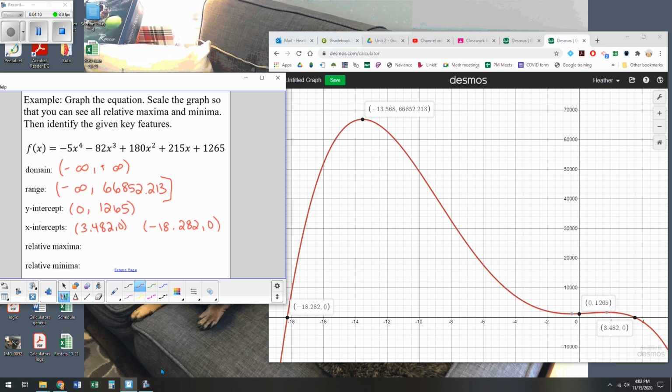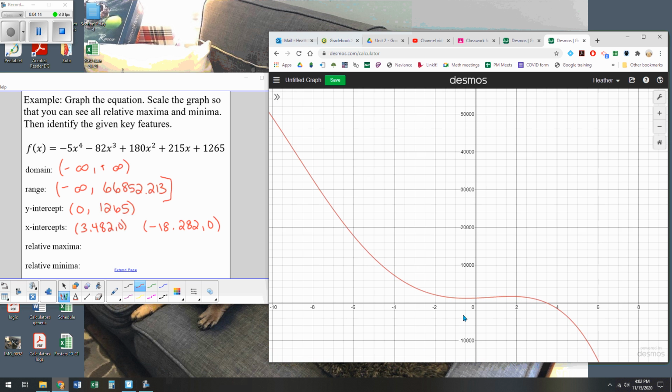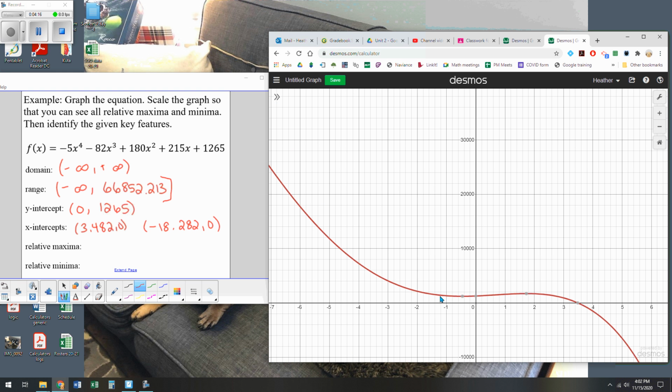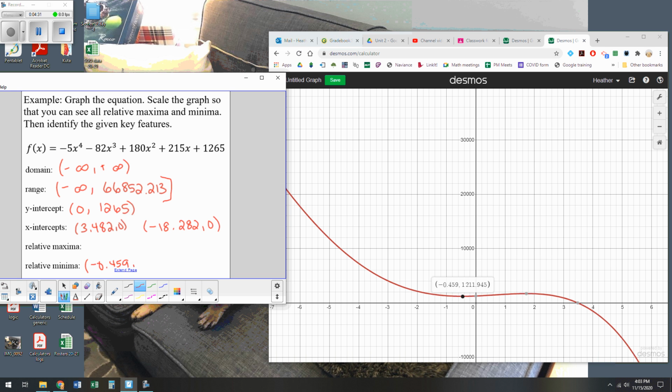Then for relative maxima and minima, it's really hard to see because it's very close here, but my graph goes down slightly before coming back up. So the lowest point here, the relative minimum, is at negative 0.459, 1,211.945.